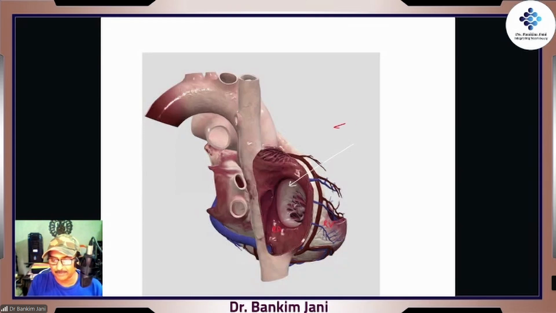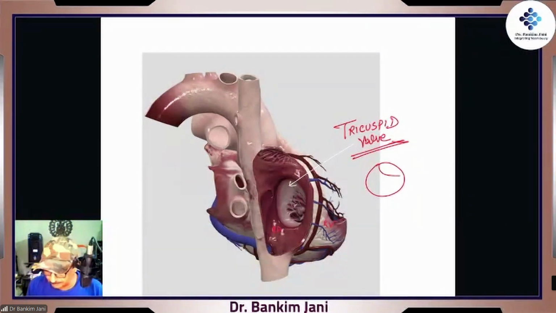So this valve is a tricuspid valve. Tricuspid. So these are the valves. These are the cusps, right? Cusps. And on the back side, you have the left atrium.